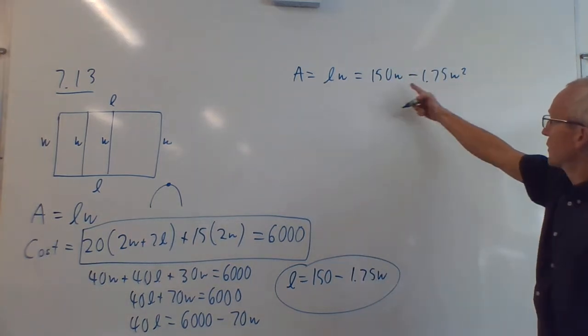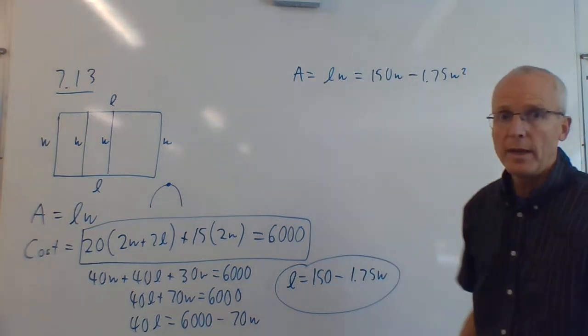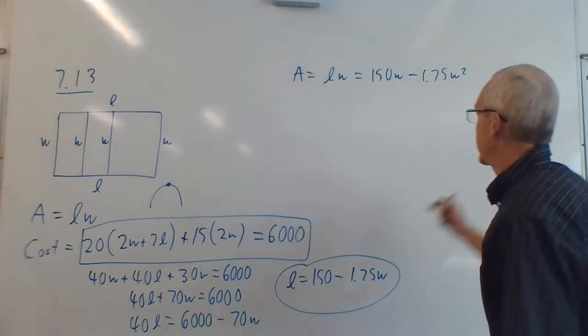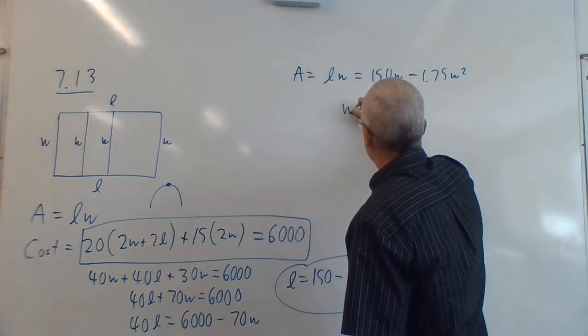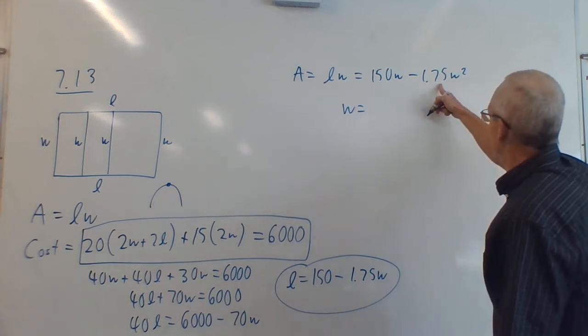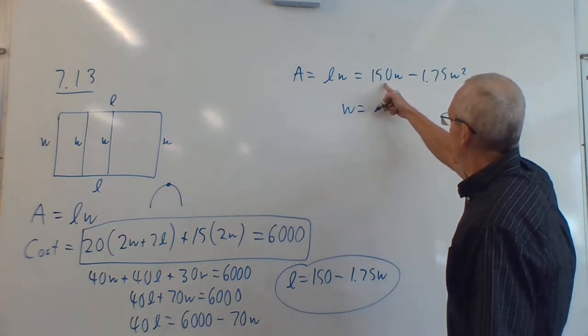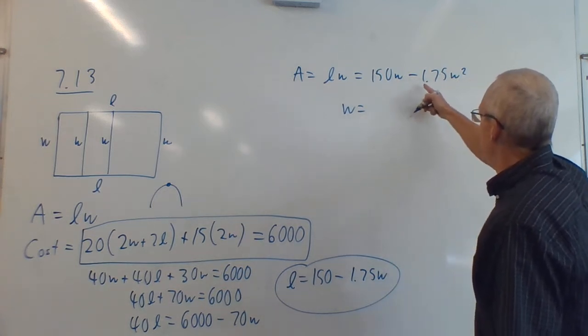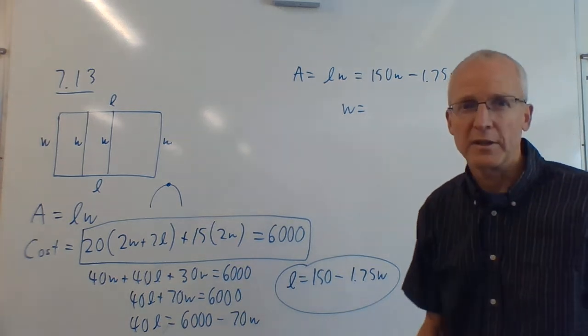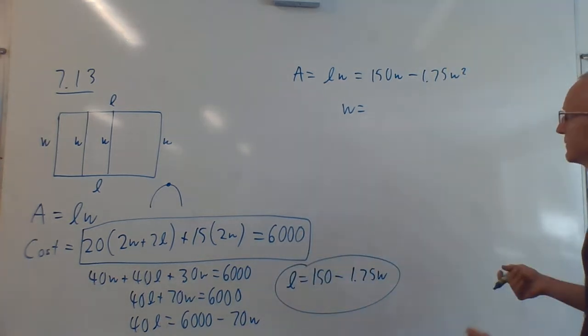This is a parabola, it's a quadratic, right? We got W squared and a W. And so now we just do negative B over 2A. So the W that makes it the biggest is negative B. This is our B, right? The one by the W is the B. This is our A. It's kind of backwards, right? The W squared term is backwards, but with the minus there, it just makes sense, right?